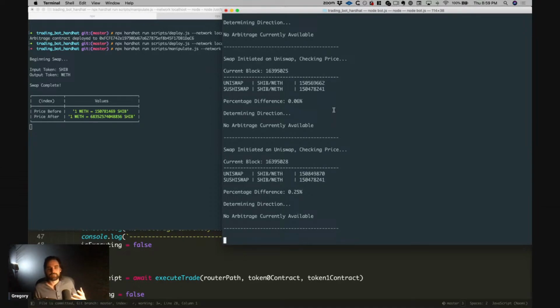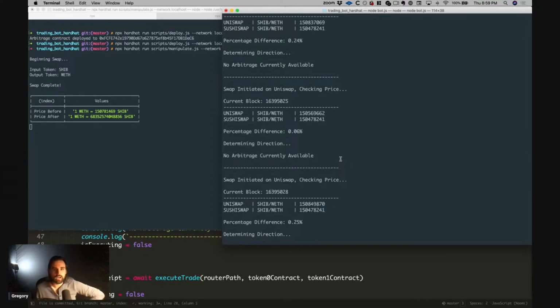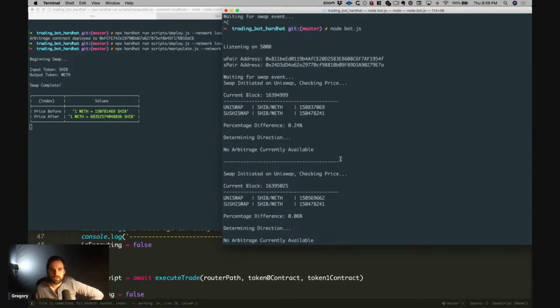Anytime somebody swaps tokens, it does change the price. The question is, how much, and does it change it enough for an arbitrage opportunity to happen? When we ran our manipulation script, it definitely did. But these swaps have been pretty small, so it hasn't been enough to really move the price that much.